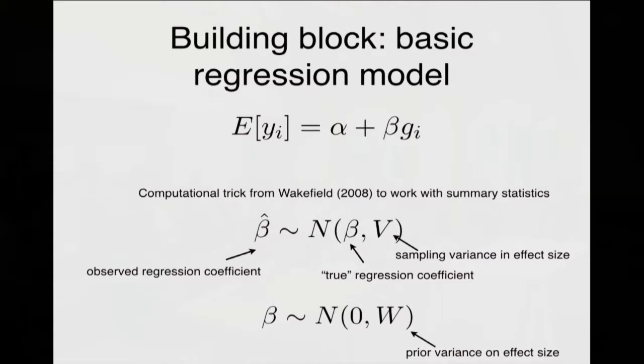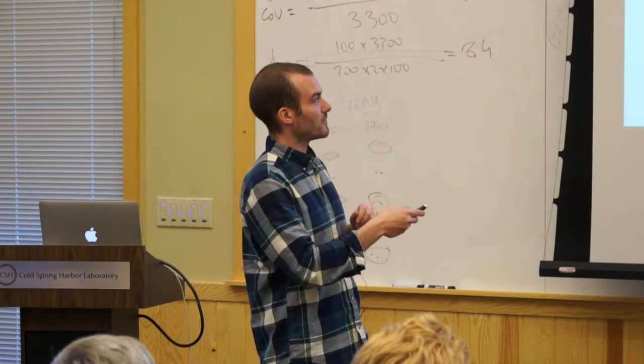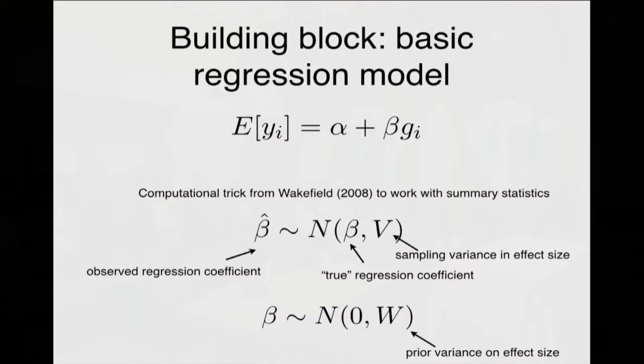So if I took a linear regression at all 1 million sites in the genome and estimated this parameter, people are more happy to share that rather than sharing the raw data with you. But it turns out you don't really care about the raw data if you do this quick little trick and you model the observed regression coefficient just as normally distributed around the quote-unquote true regression coefficient.